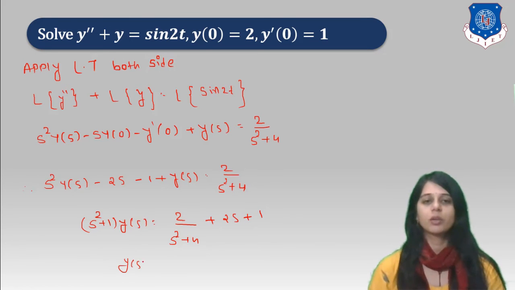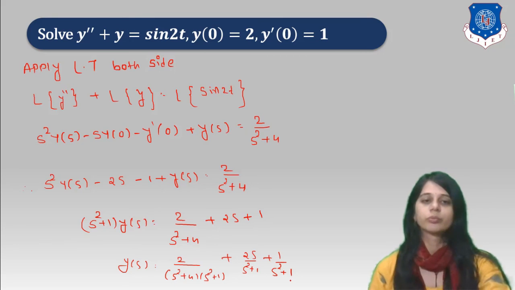Create subject y of s: 2 upon s square plus 4 into s square plus 1 plus 2s upon s square plus 1 plus 1 upon s square plus 1.